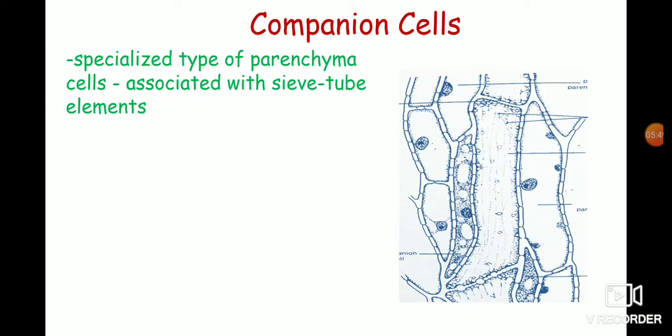The specialized type of parenchyma cells closely associated with sieve tube elements are called as the companion cells. The sieve tube members and companion cells are related ontogenetically as they develop from the same meristematic cell. So here you can see a parenchyma cell which is closely associated with the sieve tube element, and these cells are called as the companion cells.